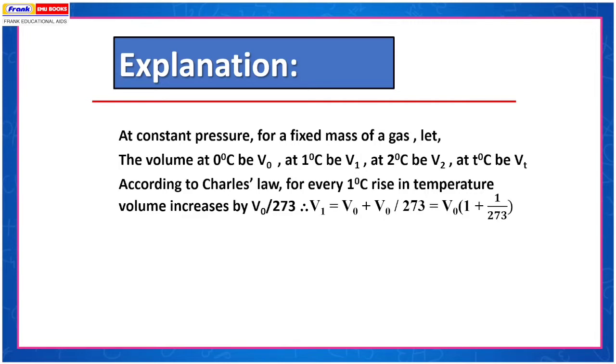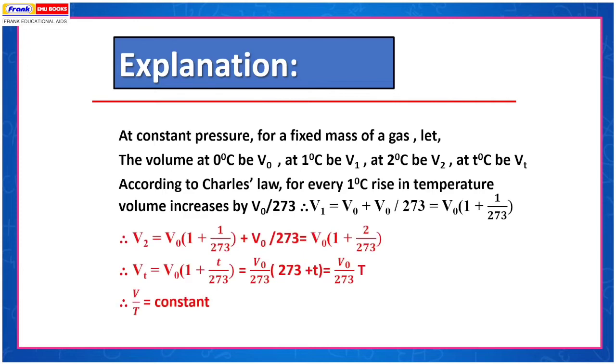V2 equals V0 (1 plus 1 by 273) plus V0 by 273, that is equal to V0 times (1 plus 2 by 273). Vt equals V0 (1 plus T by 273), equals V0 by 273 times (273 plus T), that is equal to V0 by 273 multiplied by T.